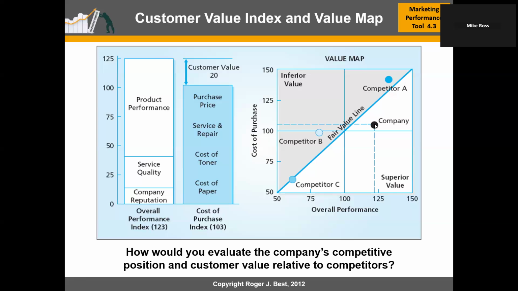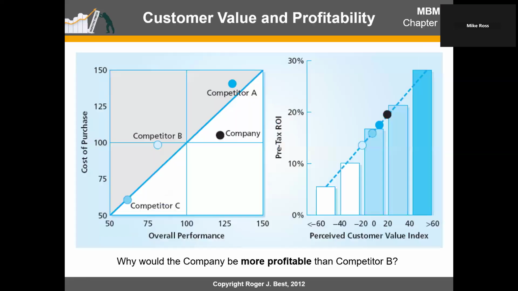I would much rather be this company here versus up here. If I'm below the line, the market perception is that my product or service is creating more value for the target audience than the overall cost, hidden and explicit, associated with owning that product or service.